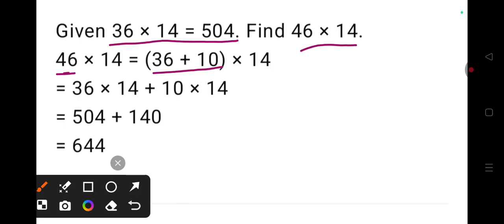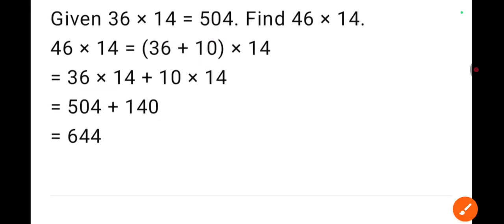That's why we are splitting 46 in terms of 36. Again the use of distributive property: 36 into 14 plus 10 into 14. Now we will use 36 into 14 is 504 and 10 into 14 is 140. So after adding you got the answer 644, right?